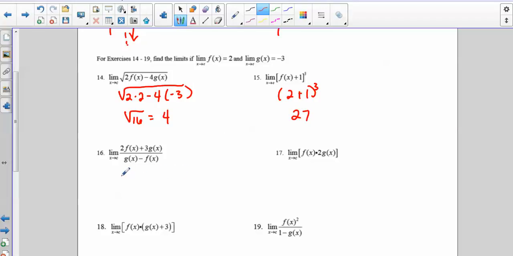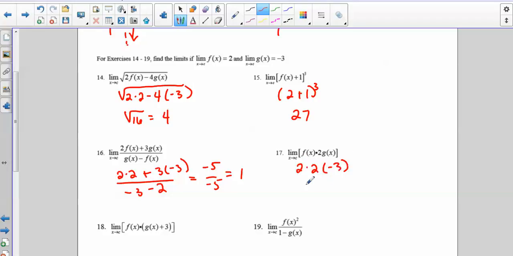And in 16, I have 2 times 2 plus 3 times -3 over -3 minus 2, and I get -5 over -5, which is 1. And in 17, I have 2 times 2 times -3, which is -12.